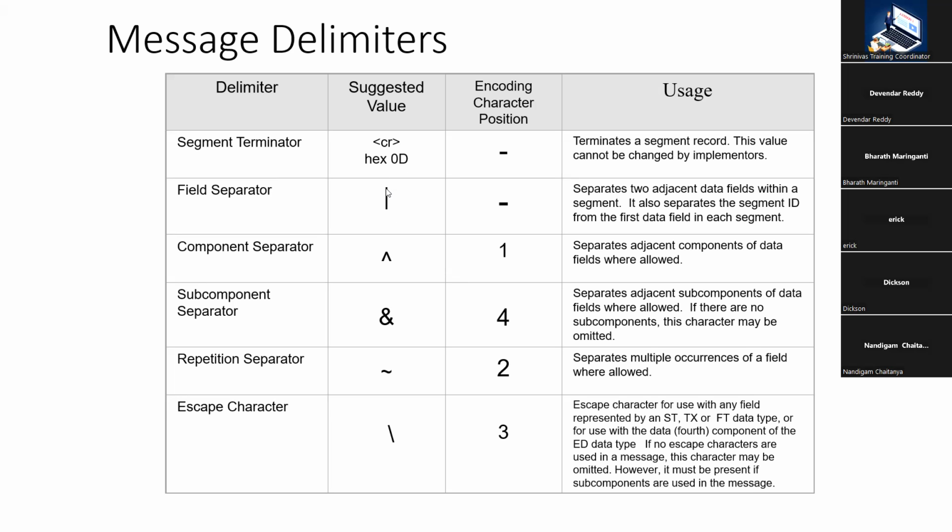This symbol is called a pipe. This will help you separate one field from another in a segment. Then you have the component separator, which is nothing but a caret symbol. This is used to separate two components within a field. The rest we will see as and when we progress with the examples. But first we need to be aware of these two most importantly.